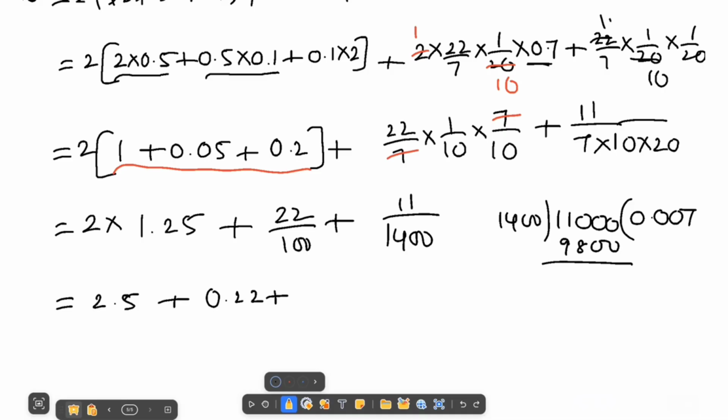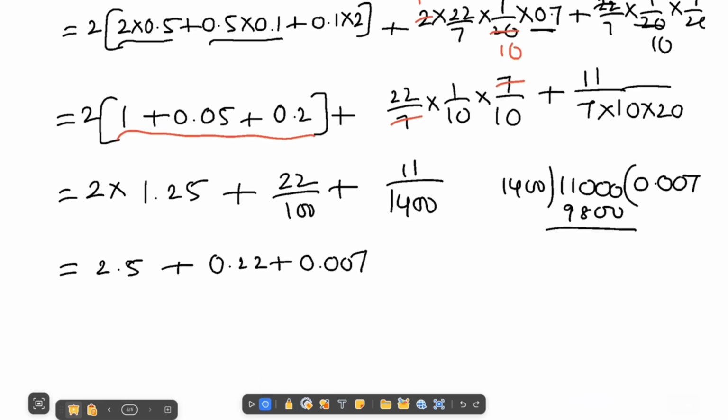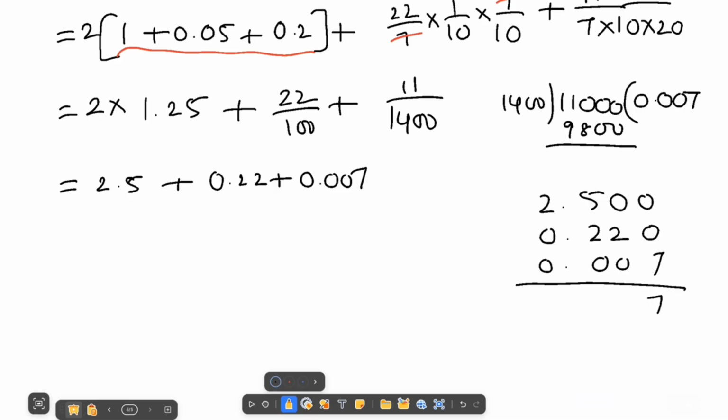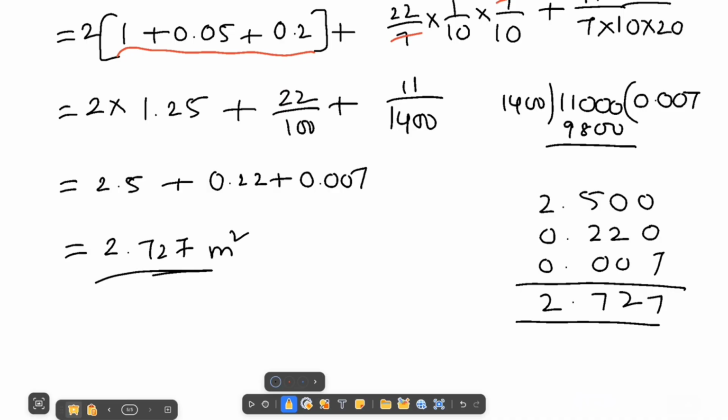So it is almost equal to 0.007. So let's add all the numbers here. What are the numbers? 2.5, 0.22 and 0.007. The sum is 2.727. So it is equal to 2.727 meters square. So this is the total surface area of the bat.